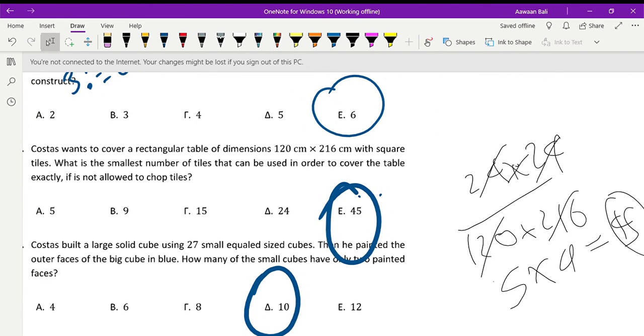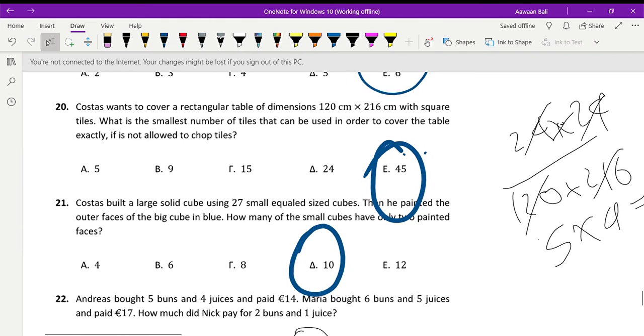We're doing 120 divided by the factor and 216 divided by that factor to get 5 times 9, which is 45, and that factor is 24. And we had to get the biggest one because otherwise there would be a longer simplification and it wouldn't work as well. So, question number 21.